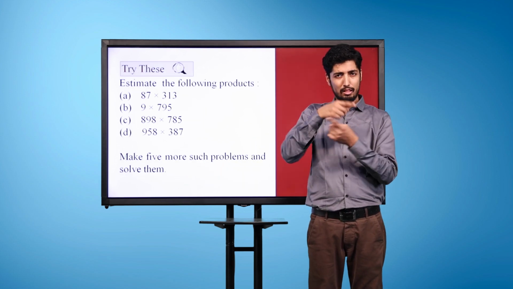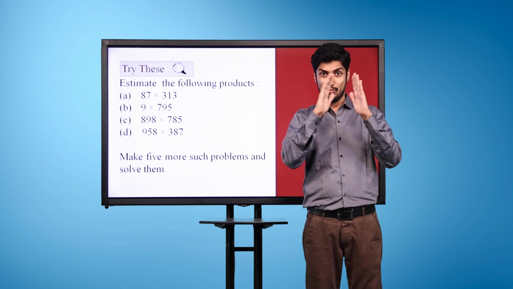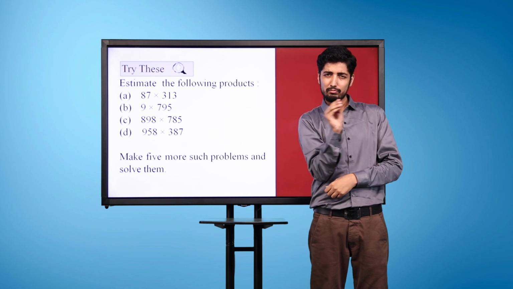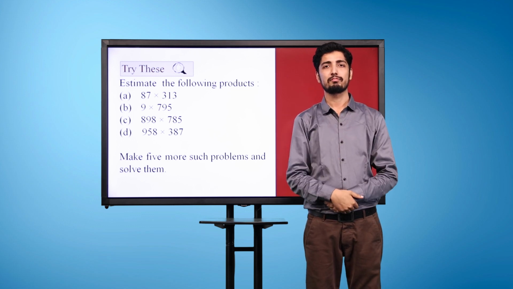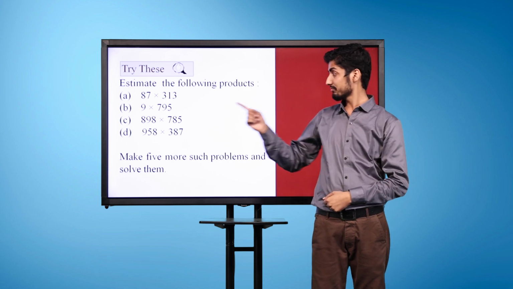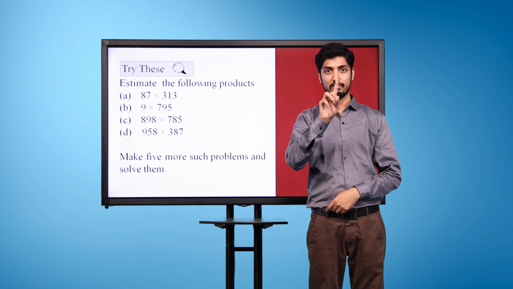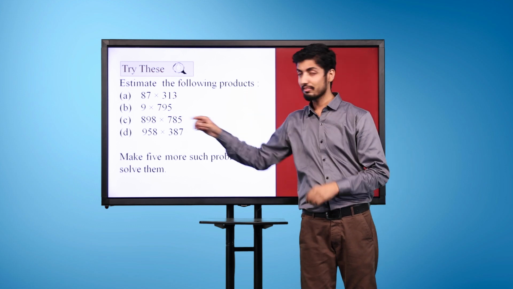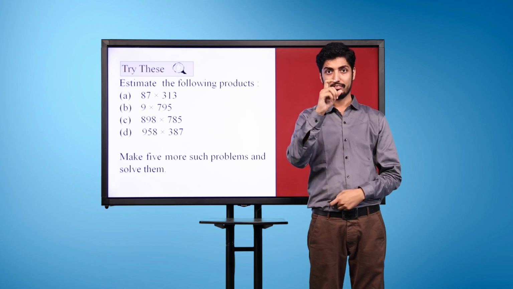Try these. Estimate the following products. A. 87 multiplied by 313. B. 9 multiplied by 795.